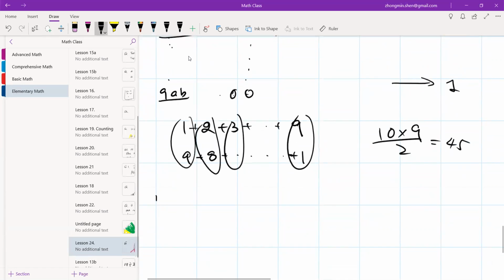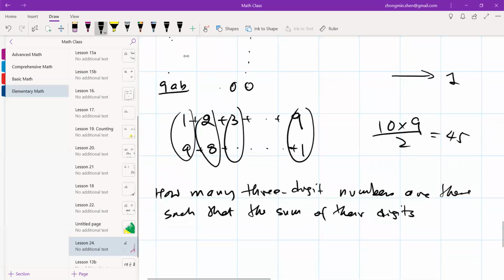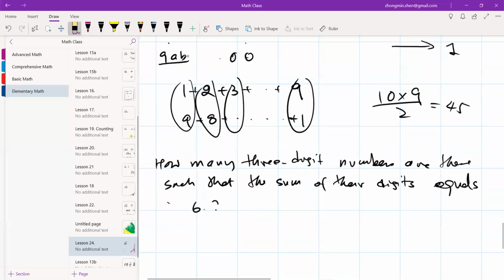How many 3-digit numbers are there such that the sum of the digits is 6, right? Equals 6. So please do this problem.